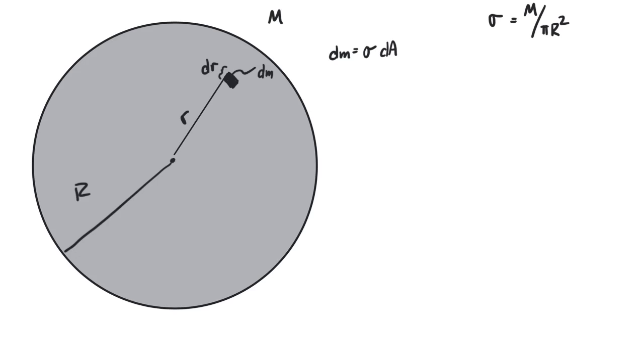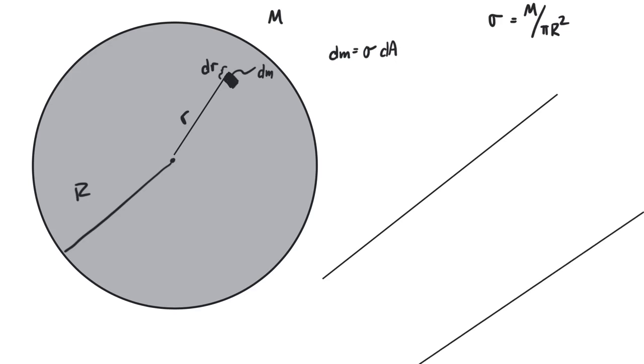Imagine if I blow up this one little section for a second. I'm going to do my best to draw this so you can get an idea for what I'm trying to do here. I'm imagining that r ends right here.